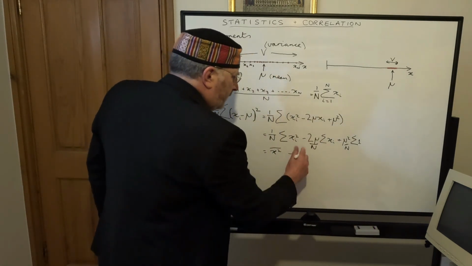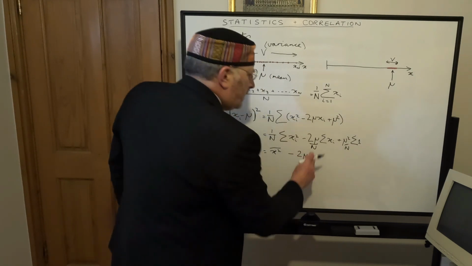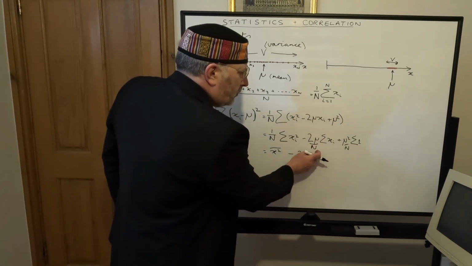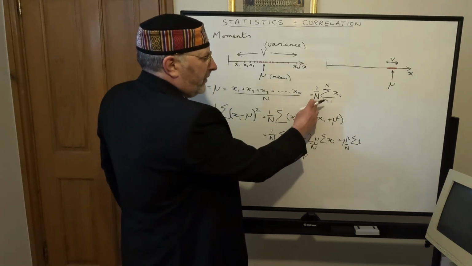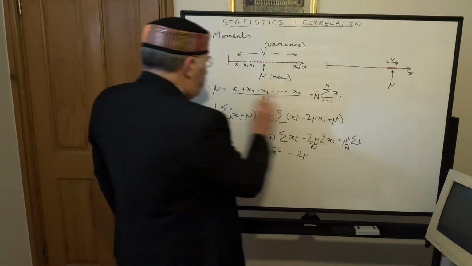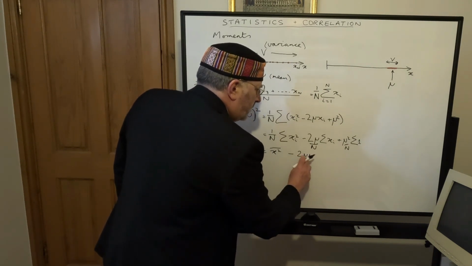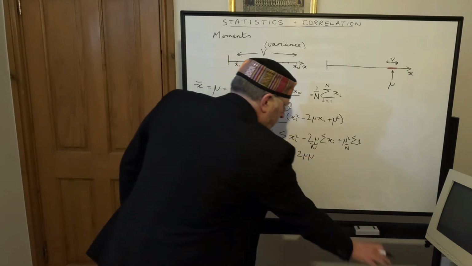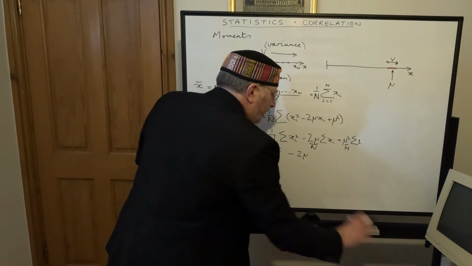And now here we've got 2 mu times 1 over n times the sum of xi. Well, that's just the same as this, 1 over n times the sum of xi there, which is mu. So this is mu times 2 mu, which is 2 mu squared.